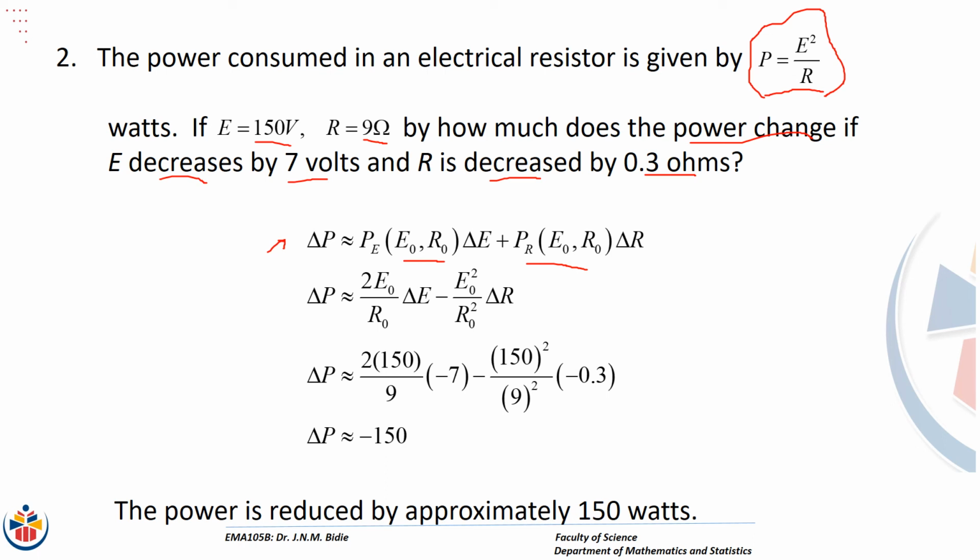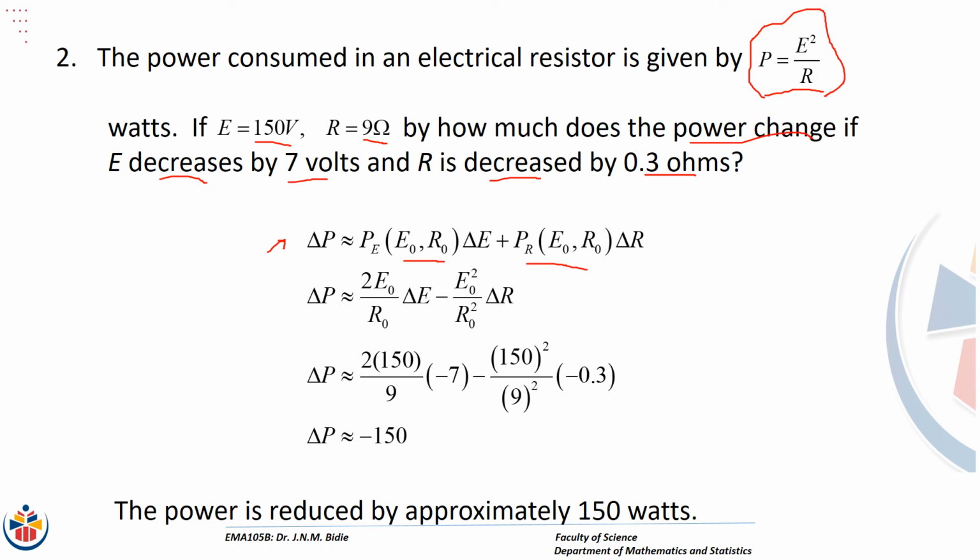The derivative of P with respect to E becomes 2E over R. Note what I've done here is just to substitute E naught and R naught, so that we understand that the substitutions will be based on the initial values of E and R multiplied by delta E, and then we go to the derivative of P with respect to R. Note R is in the denominator and E squared is just a constant.